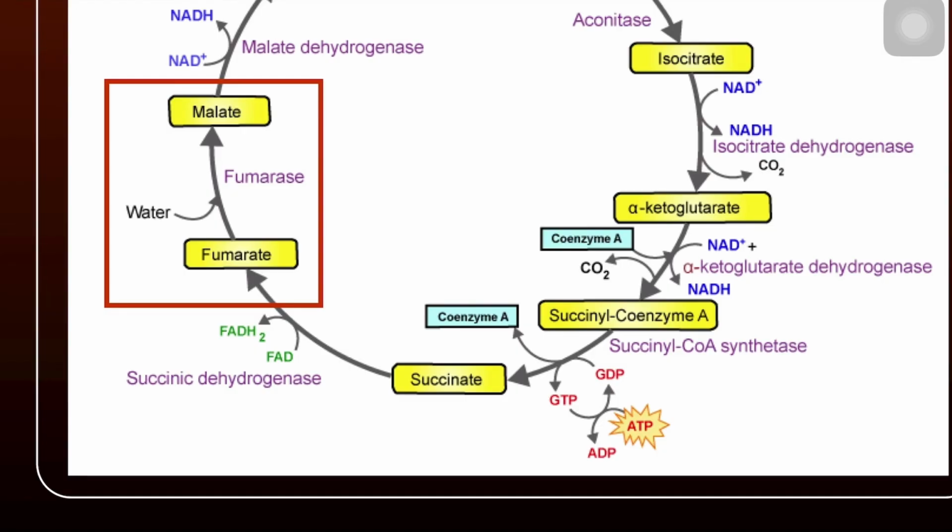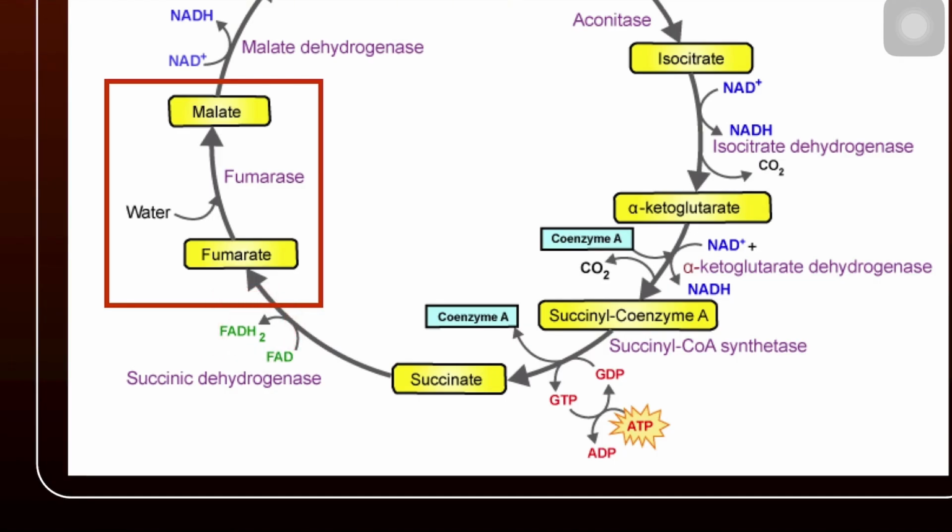Here, as the succinate is changed into fumarate, the FAD, the carrier molecule, will pick up 2 electrons and 2 hydrogen ions. When the FAD accepts those 2 electrons and 2 hydrogen ions, we now have FADH2.